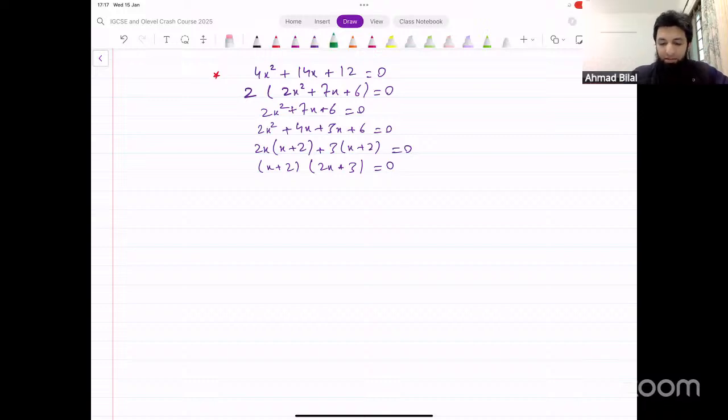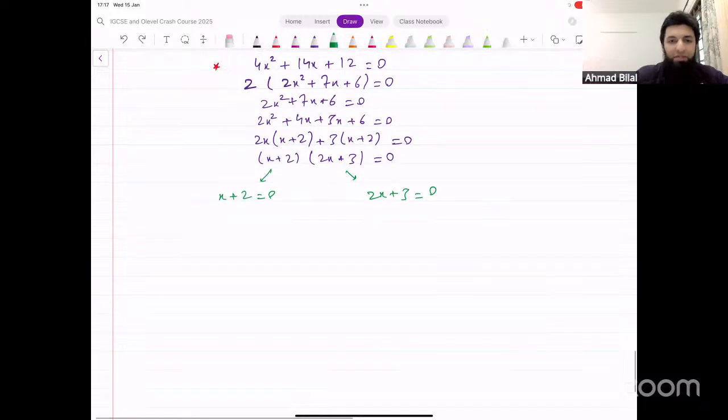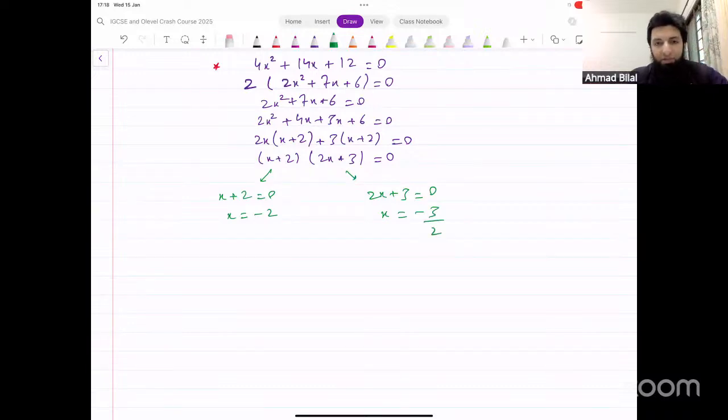The result is 0. That means either x plus 2 is equal to 0 or 2x plus 3 is equal to 0, because for the product to be equal to 0, at least one of them has to be 0. Now, the first one gives us x equal to minus 2, and the second one gives us x equal to minus 3 over 2. These are the solutions of this equation.